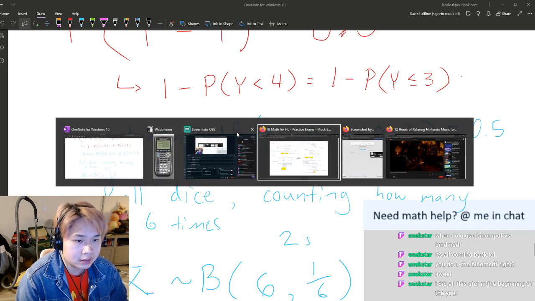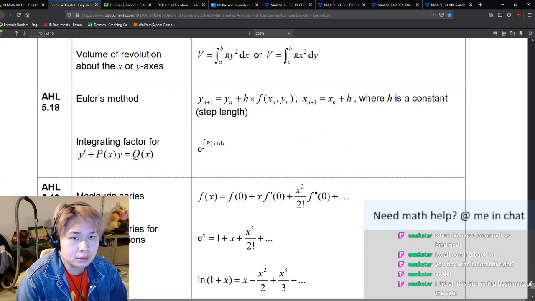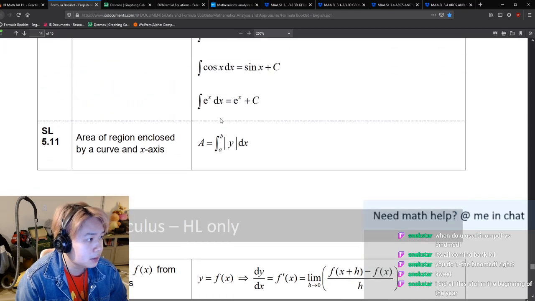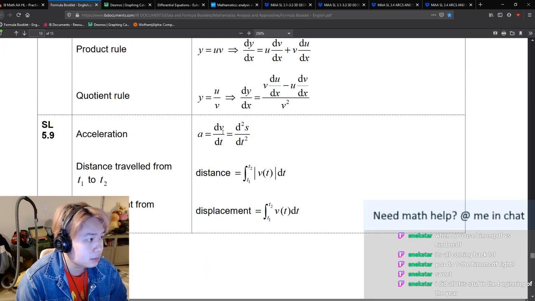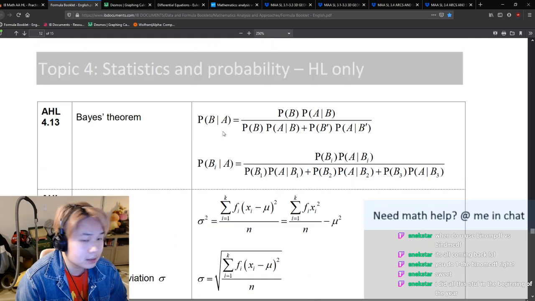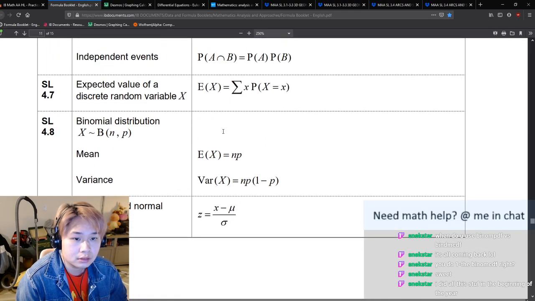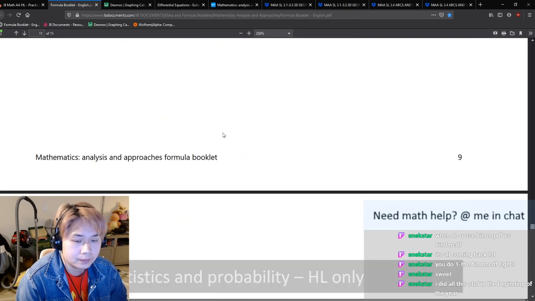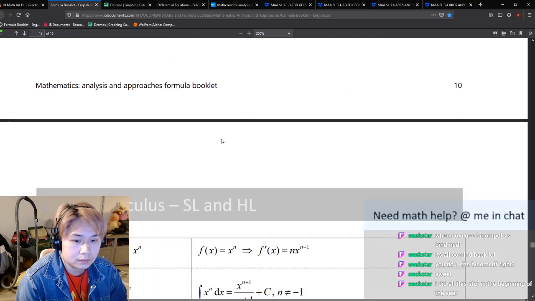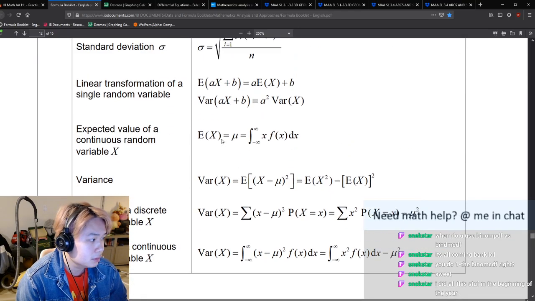I think as an HL student, you have the formula for the Binomial CDF, which is unfortunate. Oh, apparently you don't.